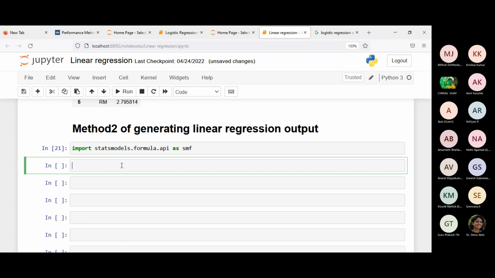Statsmodels.formula.api as SMF. Try to rerun all the Boston housing code, because the packages have to be imported again. Now, what we are going to do is directly build a linear regression model by using a simple function.